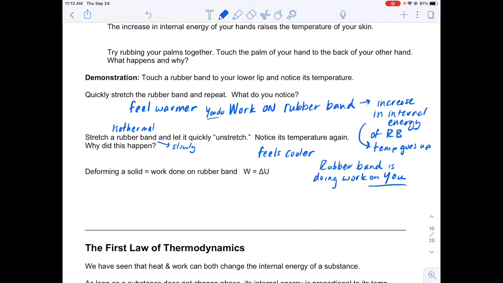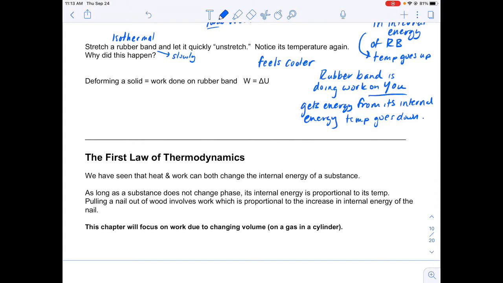When the rubber band is doing work on you, it has to get that energy to do work from somewhere, and it gets energy from its internal energy. And when it gives up that internal energy, its temperature goes down. So another way to say this whole process is deforming a solid or changing the shape of a solid.